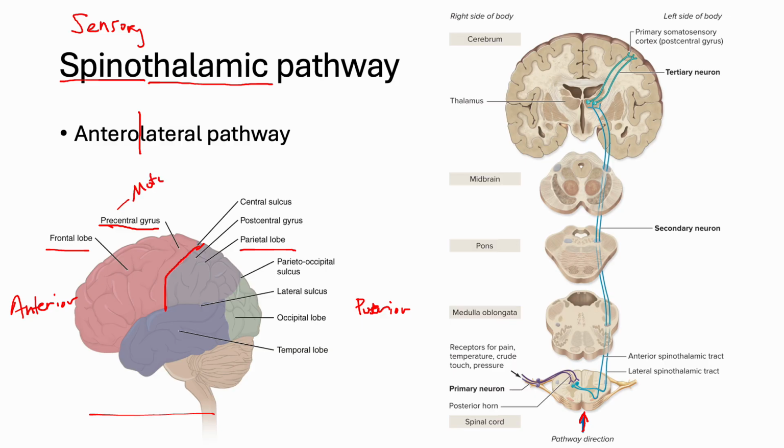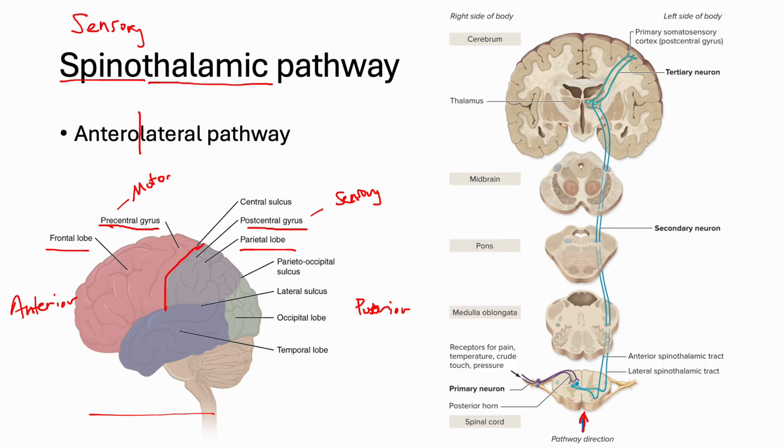We're going to see this several times as we talk today about our motor pathways. But the most anterior part of the parietal lobe is our postcentral gyrus, and this is where our sensory information is collected.